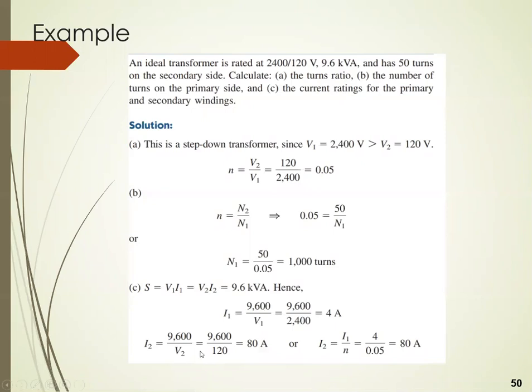I can do the same thing for I2. Since I already know the voltage on the secondary, I get the current on the secondary as 80 amps. I didn't have to go through this step; I could have used the other expression, since I already know the turns ratio, and found I2 and gotten the same number.